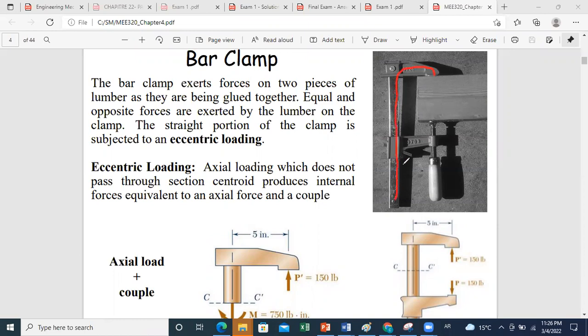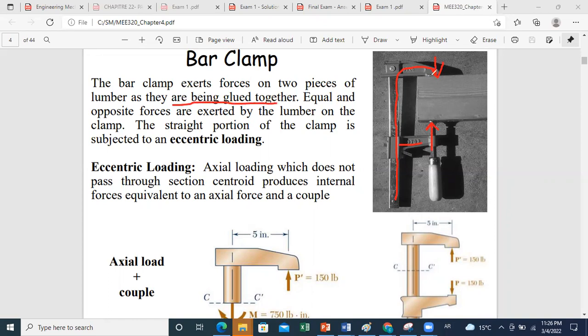The purpose here is to exert from the clamp on these two pieces of lumber pressure forces like this. So when doing these pressure forces, we are able to create better adherence between the two parts, because the two parts should be glued together.